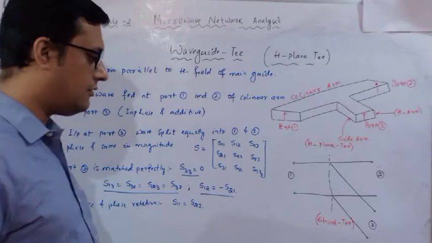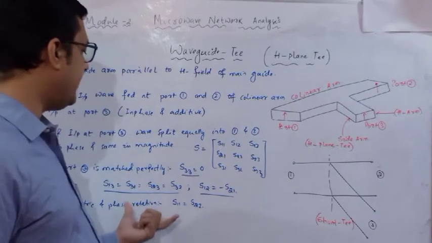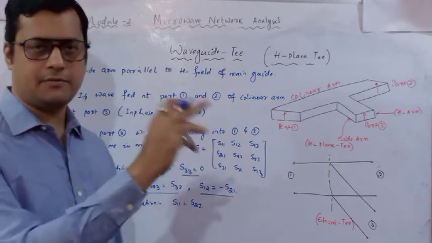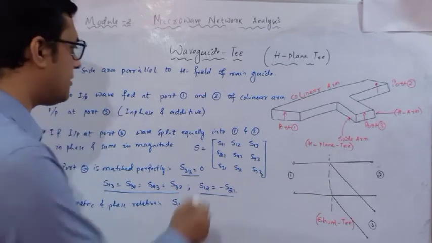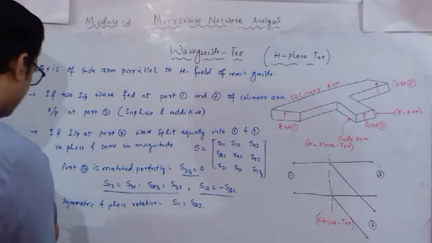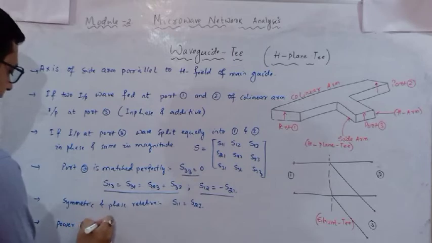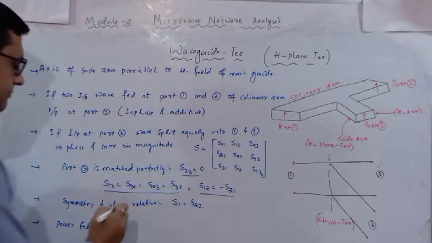So this is also one sort of relation. Now how do we identify all these parameters? As we identified the parameters with respect to the E plane, we are going to follow the same procedure. As I have written, the power is fed at port 3. So at port 3 we are going to feed the power.